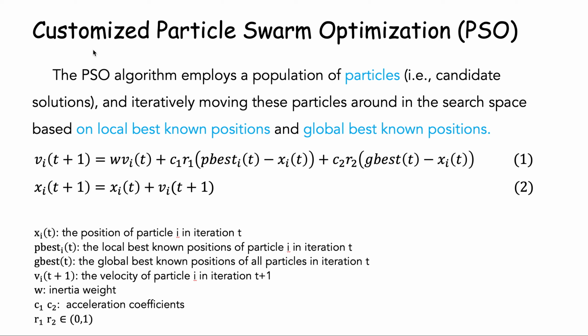This algorithm follows the following formula. As we can see, X represents the position of a particle, Pbest represents the local best position, and Gbest denotes the global best position.